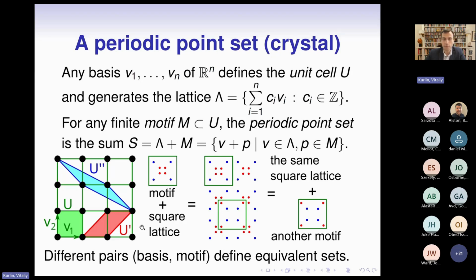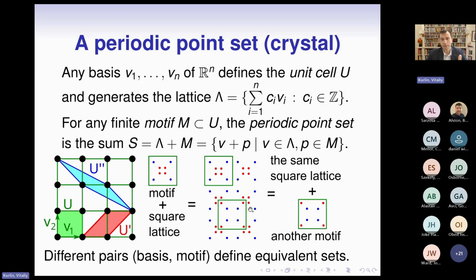More generally, for periodic crystals, in addition to a basis and a unit cell, we fix a motif of atoms inside, and then simply take the sum of all lattice vectors and all motif points, and that's how we get a general periodic set of points representing a periodic crystal.